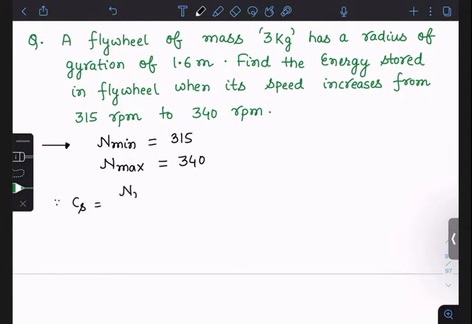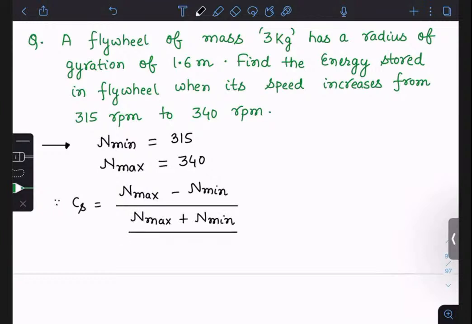It is N max minus N min, divided by N mean, which is 340 minus 315 divided by 2. Once you solve this, we are getting CS.